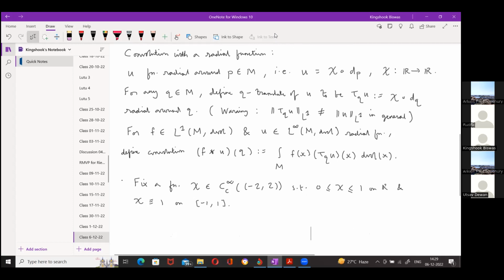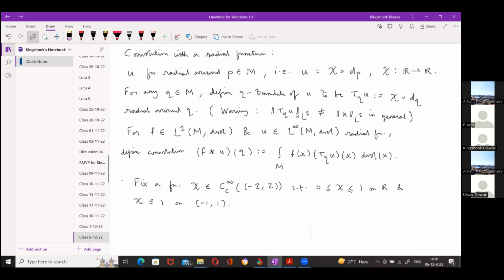The problem is the L1 norm of the translates is going to change. Now it can't change too much if the curvature is bounded above and below by negative constants. It will change by some bounded multiplicative factor. That's all that can happen really if your function is compactly supported.